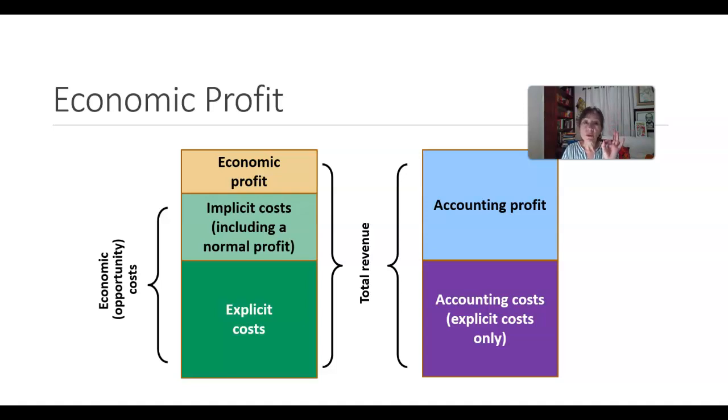Now each of those resources, when we're buying them in the market, they have a name for what we're paying for. So when we buy labor in the market, we pay wages. When we use capital and buy machinery and equipment, we pay interest.